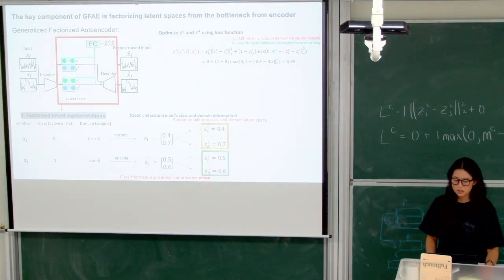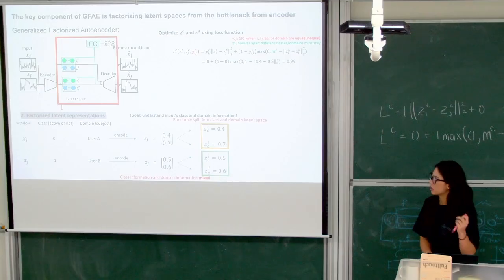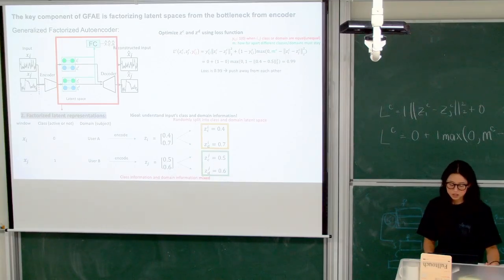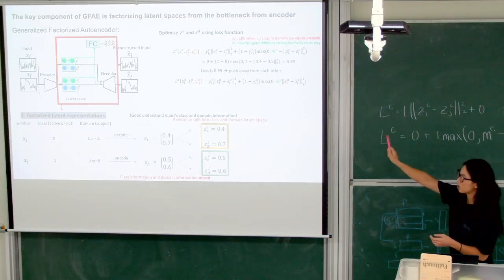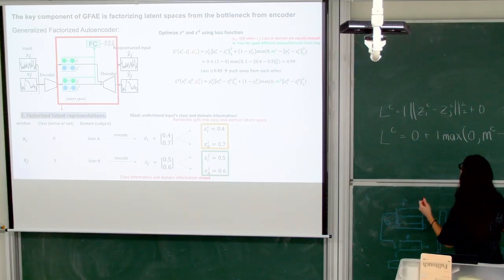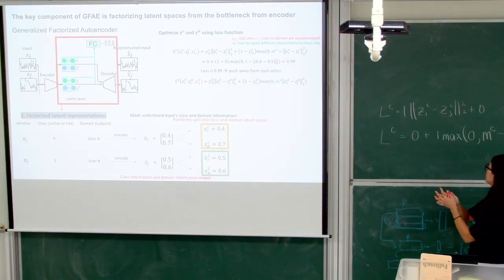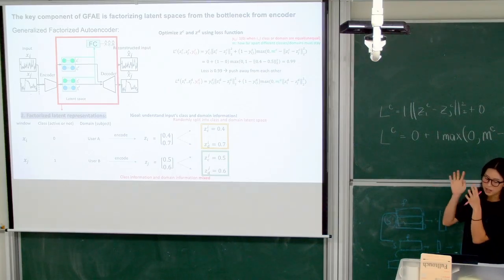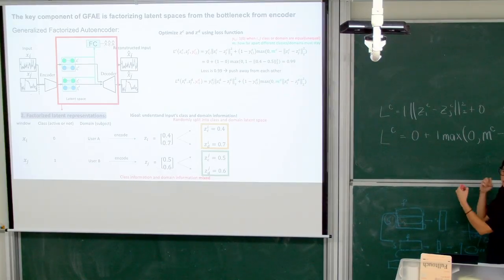In this slide, I only have an example when the classes are different, but similar to class, the domain loss acts the same way: when the class is the same, it tries to pull them closer, and when the classes are different, it tries to pull them away by giving more loss.